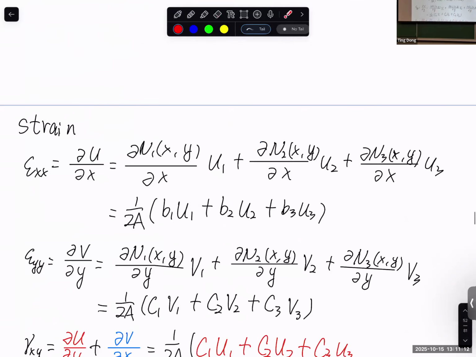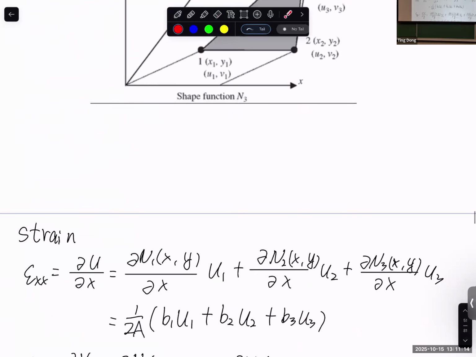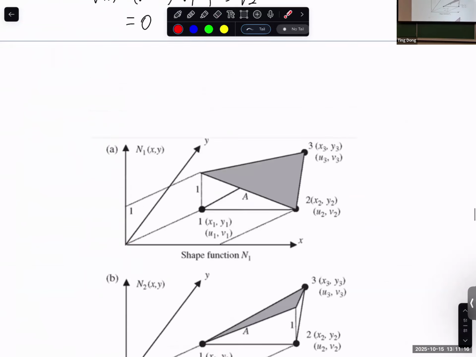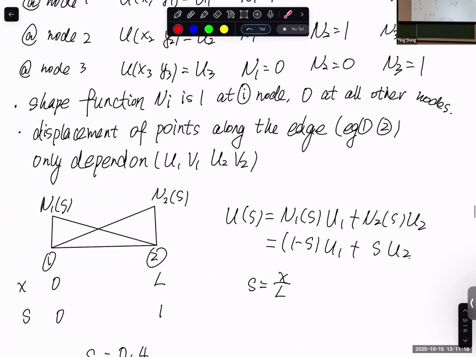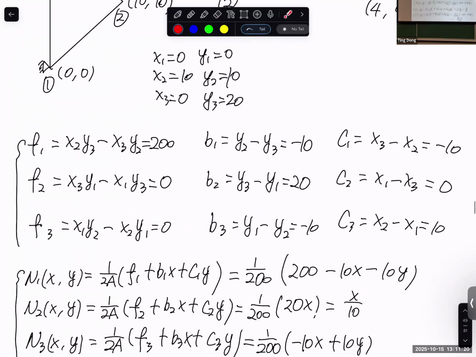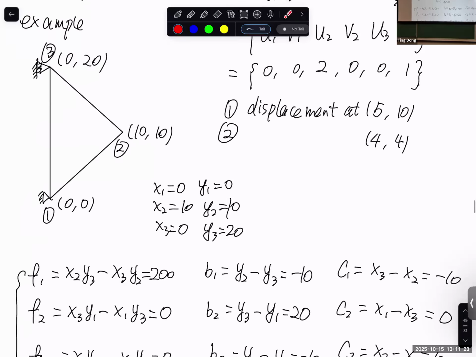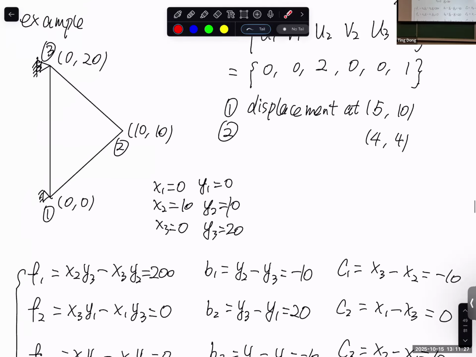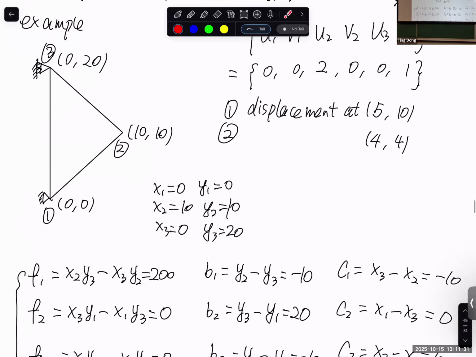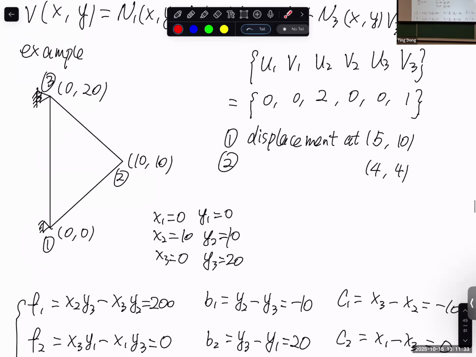Let's try to solve an example problem. Calculate the strain and stress in this element. It's the same example as in the last class, where I asked about calculating displacement at (5, 10) and displacement at (4, 4).